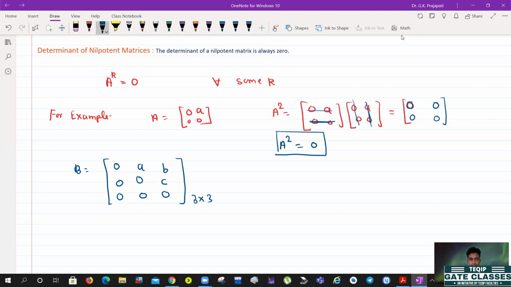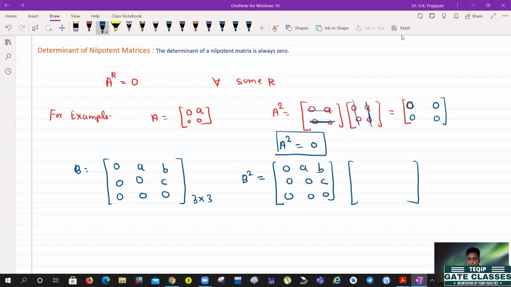You can see that B square equals 0, a, b, 0, 0, c, 0, 0, 0 multiplied by 0, a, b, 0, 0, c, 0, 0, 0.